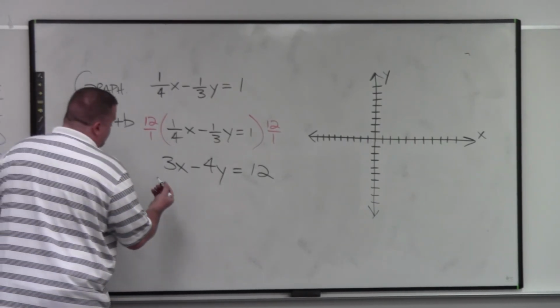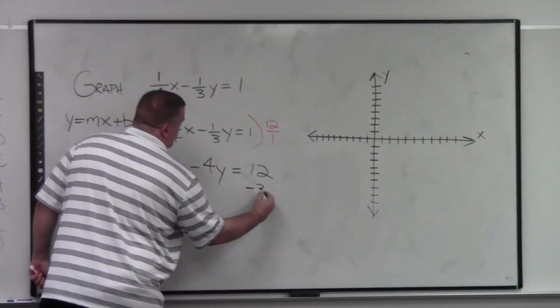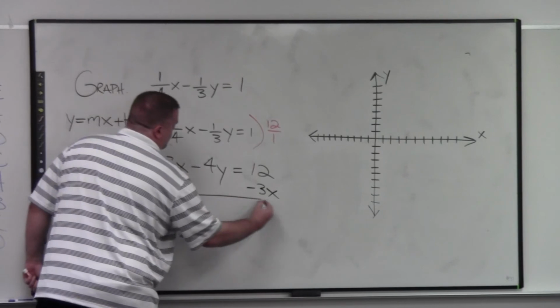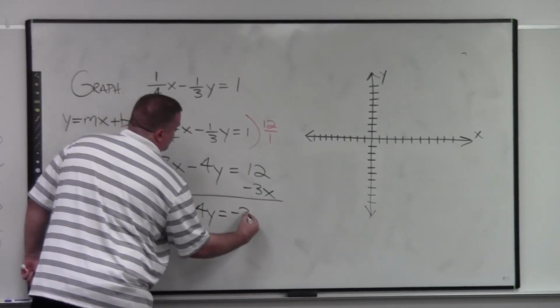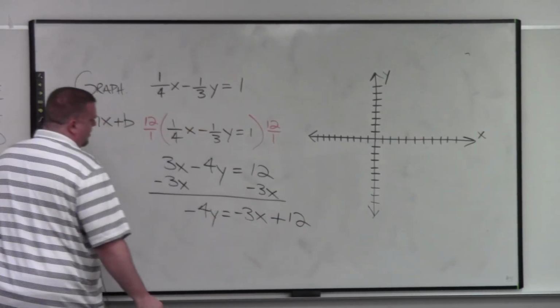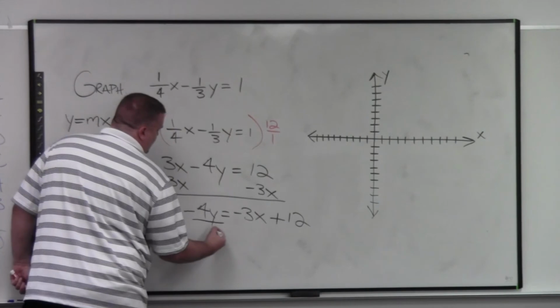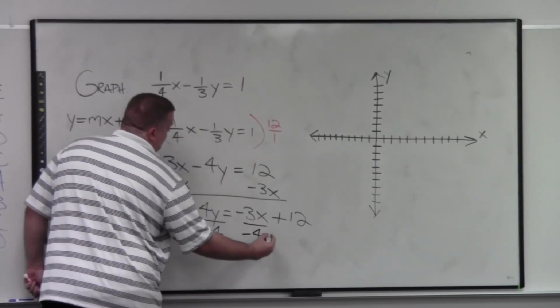What would I move first? The x. So negative y equals negative 3x. That's still a positive 12. Then I would divide both sides by negative 4. That means we're dividing every term by negative 4.